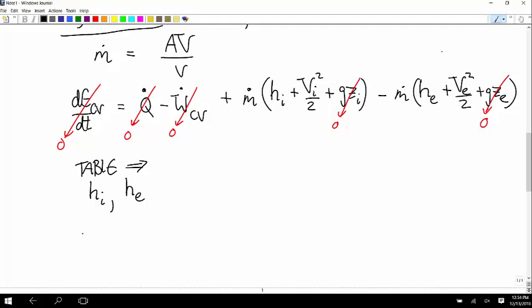So what we have here is HI plus VI squared over 2 is equal to HE plus VE squared over 2.